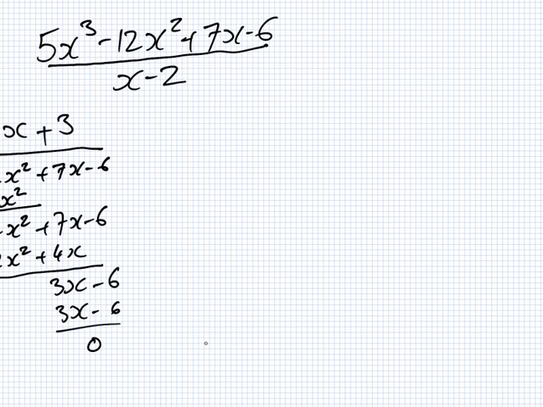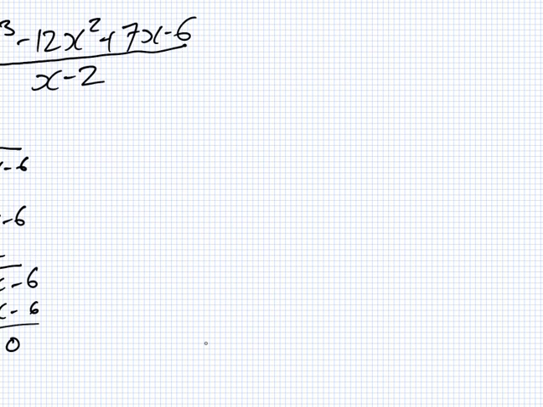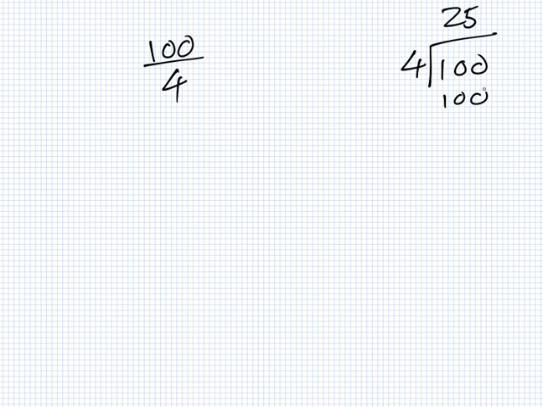If I just go to the side for one moment, back to this simple example. How many times does 4 go into 100? It goes 25 times, and the remainder is 0.